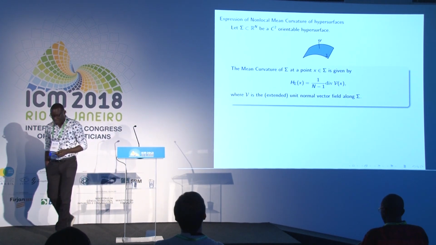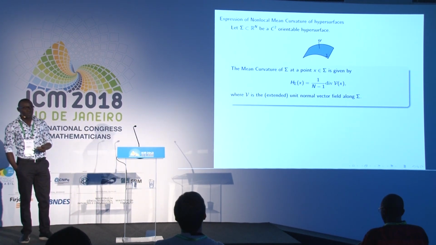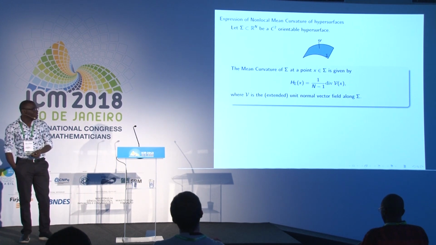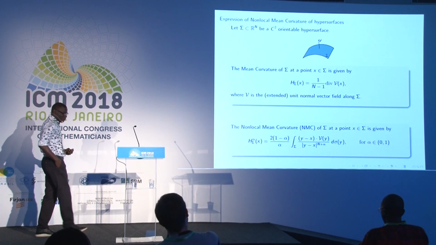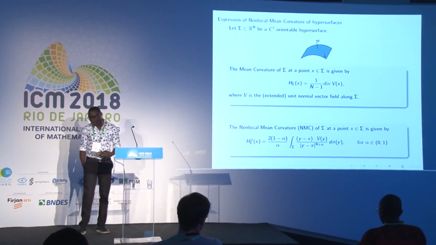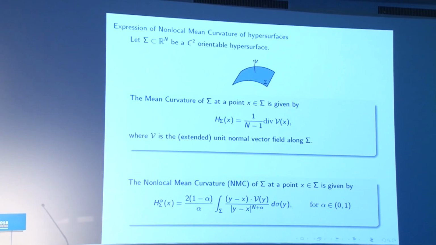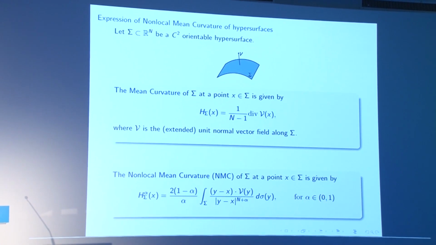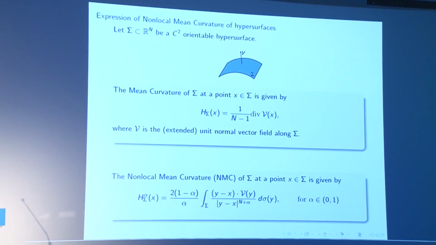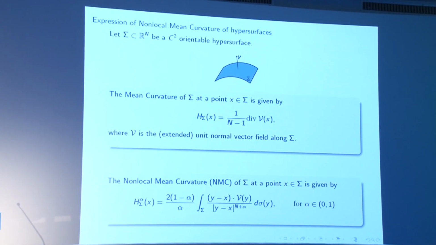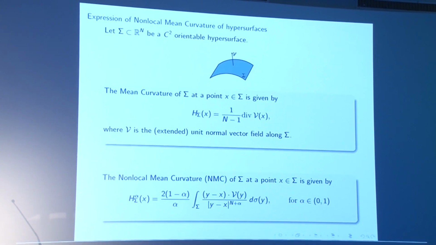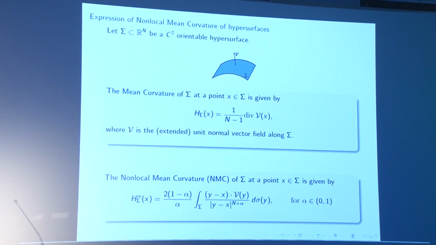But for the expression of the non-local mean curvature, I warn you first: in this case, you don't compute any differential thing, but you evaluate some angle. In a sense, you evaluate the angle between two points and the surface normal, so it's like with the normal. Then you weight it with x minus y, and then you compute the expression.